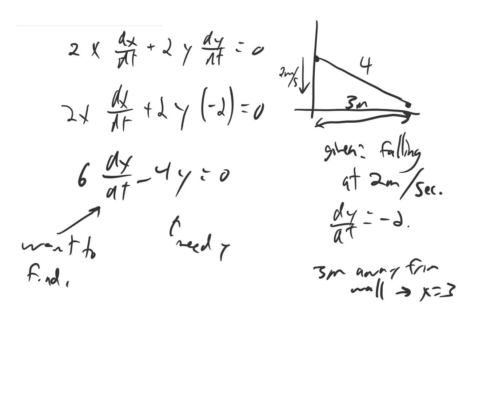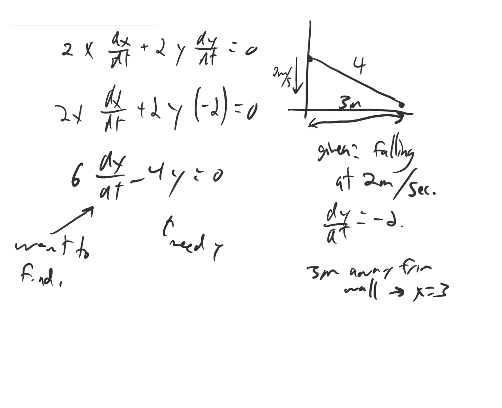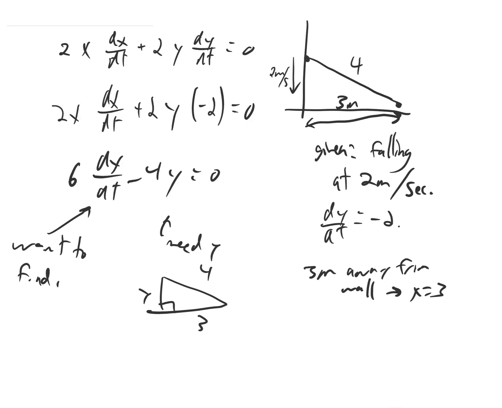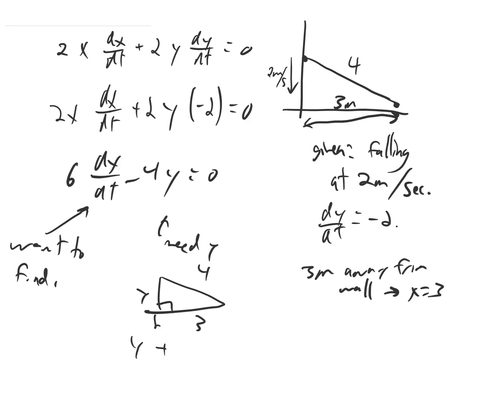We can use the Pythagorean theorem again to find y. Here's our triangle, 4, 3, and y. It's a right triangle. So y squared plus 3 squared equals 16. y squared equals 16 minus 9, so 7. y equals the square root of 7.